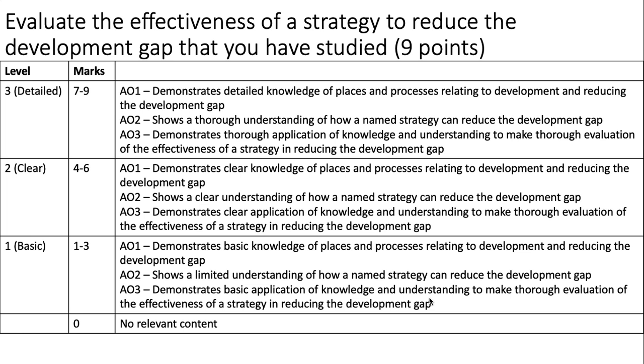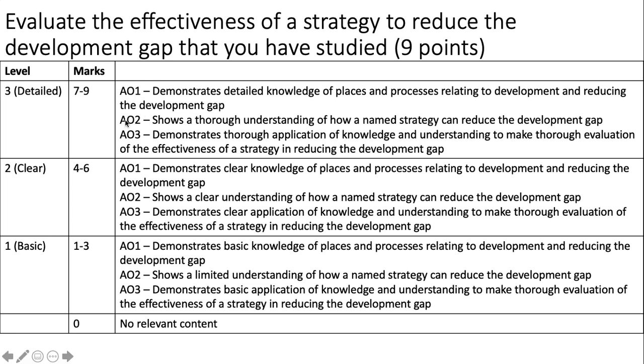So what we're looking for in this one is detailed knowledge of places and processes relating to development and reducing the development gap. So that's kind of how these strategies work. So you need to know what the development gap is, how these strategies work, and where they're happening, or what the strategies are.